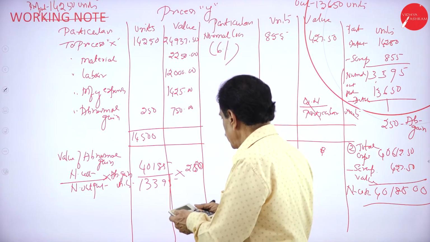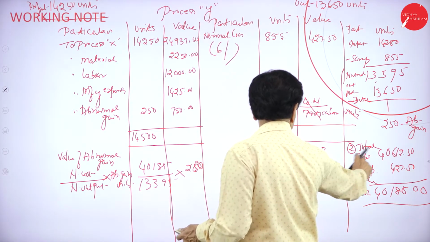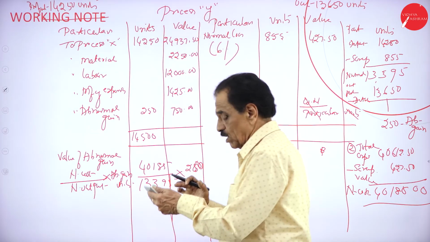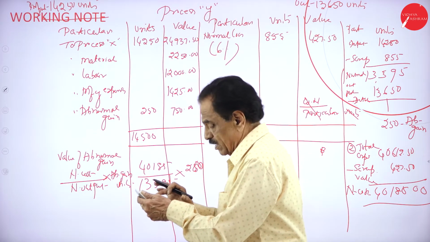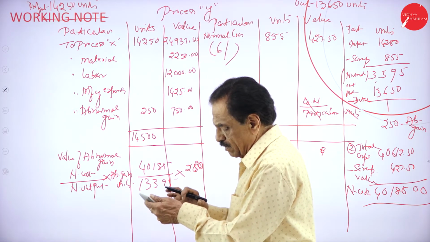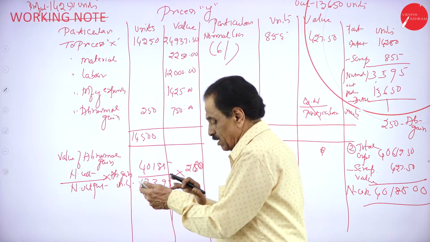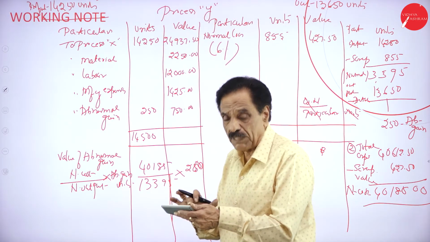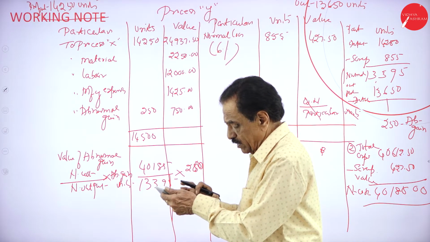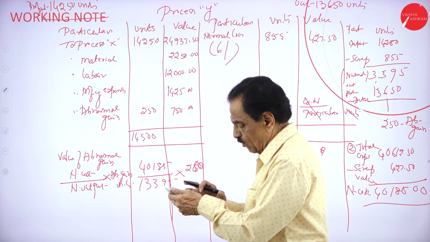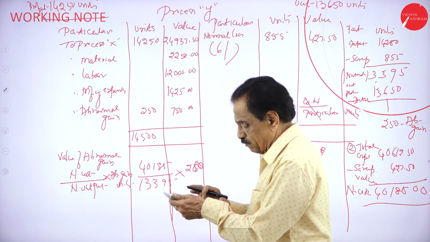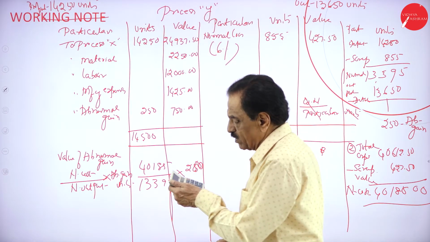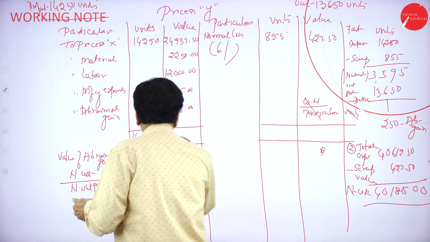Value: already added 40,612 plus 750. If you add now 24,937.50 plus 2,250 plus 12,000 plus 1,425 plus 750, it will come to 40,662.